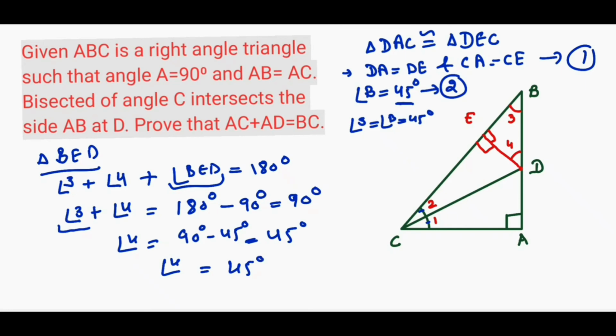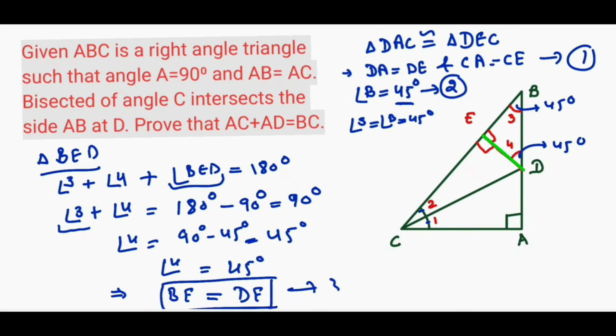So my angle 3 is 45 degree. This is also 45 degree. This is also 45 degree. It means the sides opposite to these two angles will be equal. So this implies the side opposite to angle 4, BE, is equal to the side opposite to this, DE. So I'll mark this as third equation.